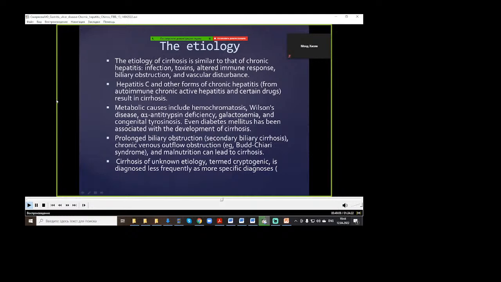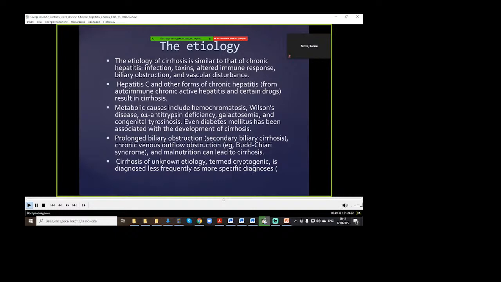The etiology of cirrhosis is similar to that of chronic hepatitis. So, infection, toxins, altered immune response, biliary obstruction, and vascular disturbance. Hepatitis C and other forms of chronic hepatitis, autoimmune chronic active hepatitis, and certain drugs result in cirrhosis.